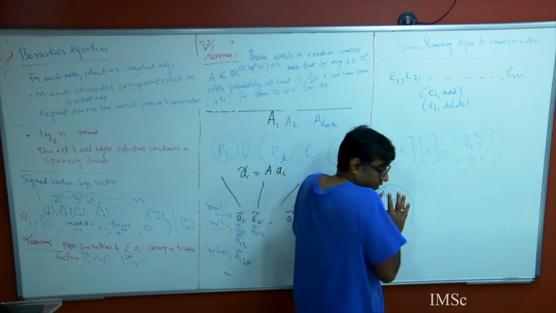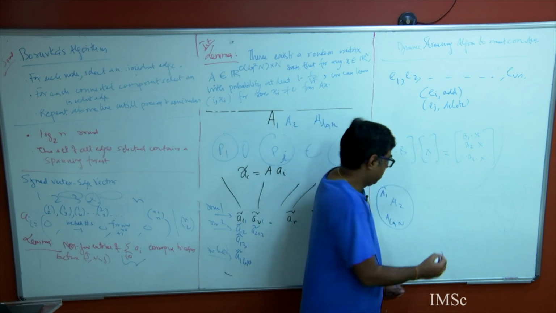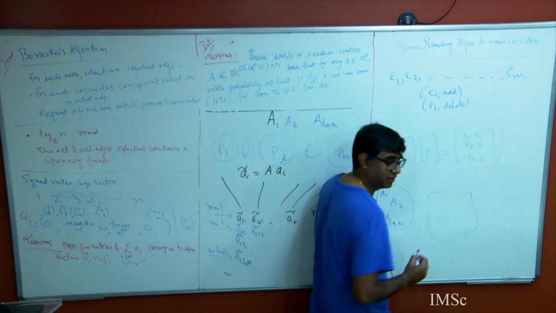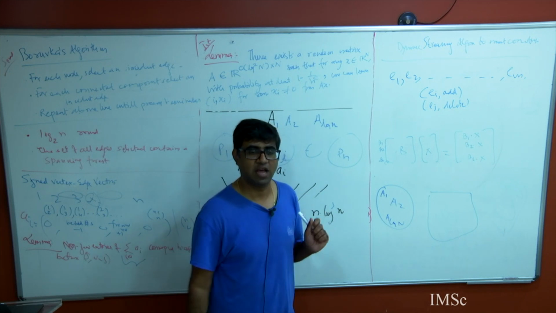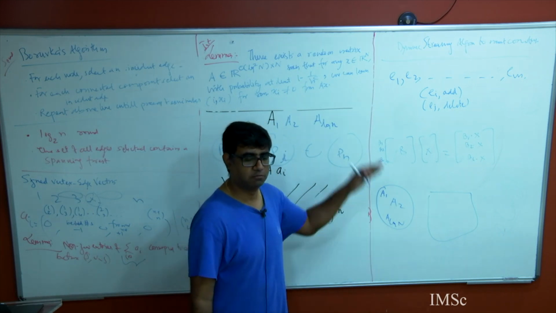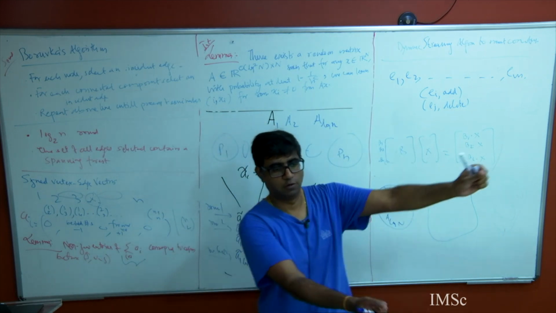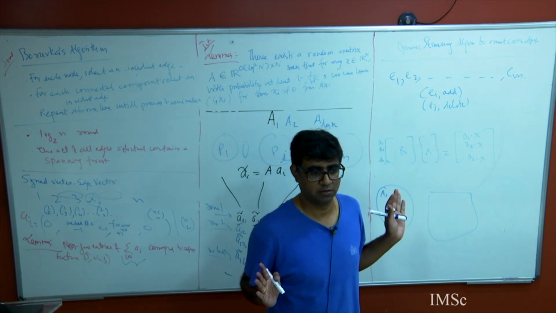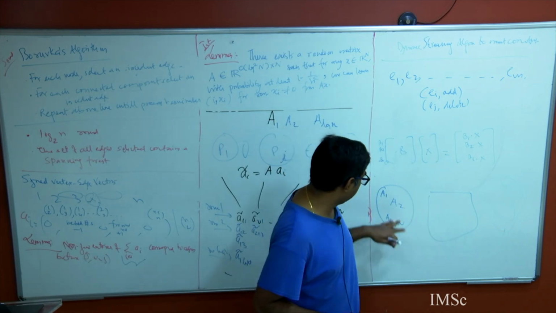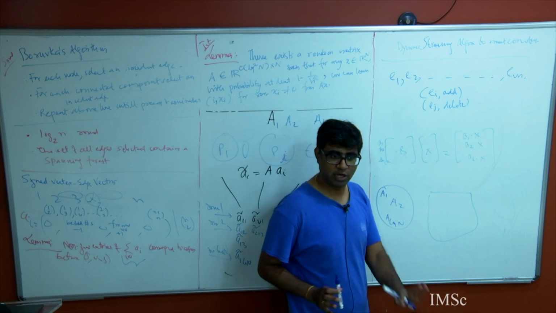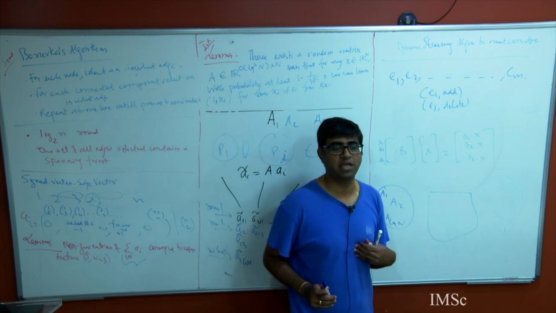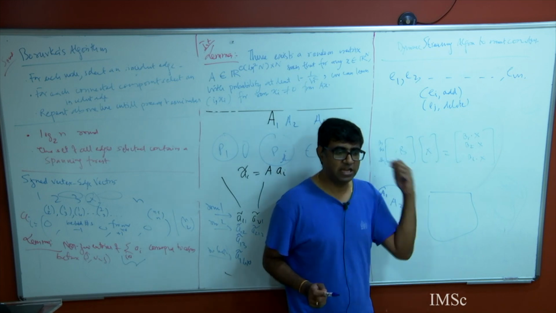But the data structure which maintains cannot see this. It can only ask me, give me a column from A1. I will give you the column from this. This is what you can ask me. You are not allowed to see these Ai, but you can query me from each Ai.